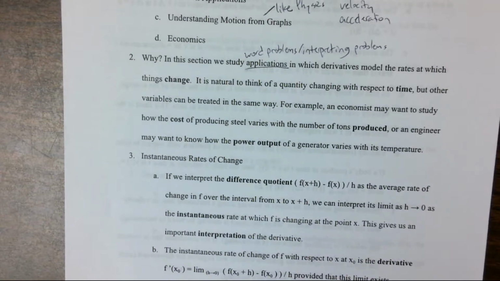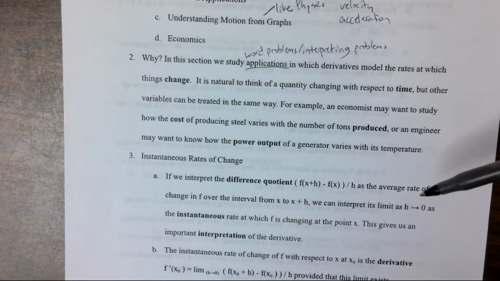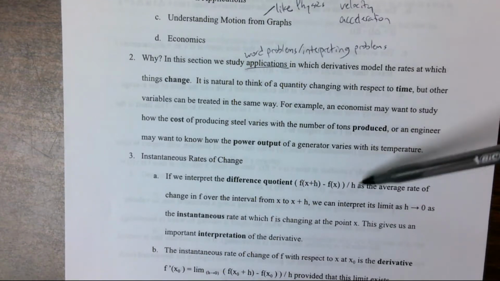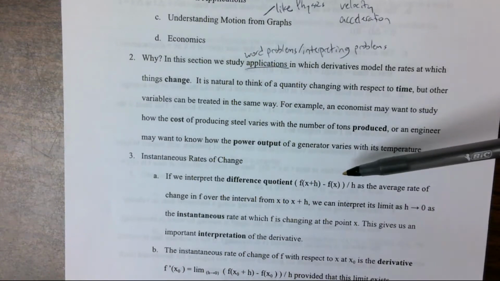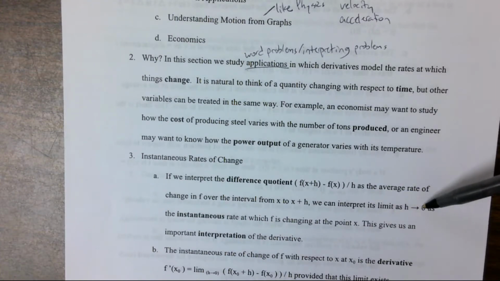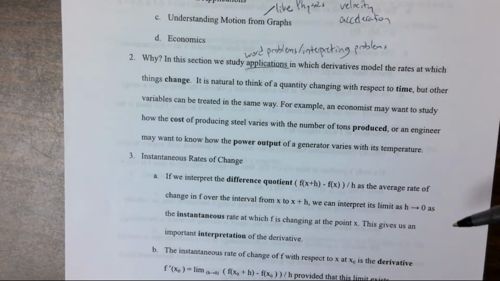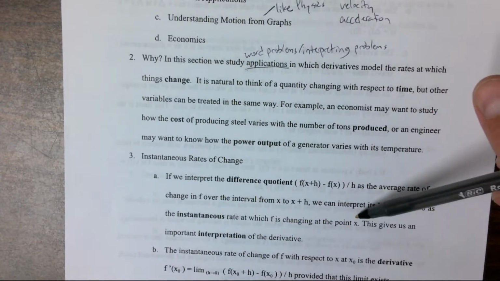If we interpret the difference quotient, again it is a quotient because you're subtracting and dividing, and that's f of x plus h minus f of x over h, as the average rate of change in f from x to x plus h, we can interpret the limit when h is close to 0 as the instantaneous rate that f is changing at that particular point x.